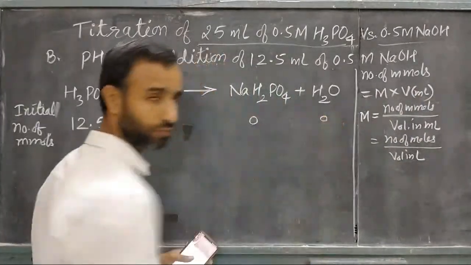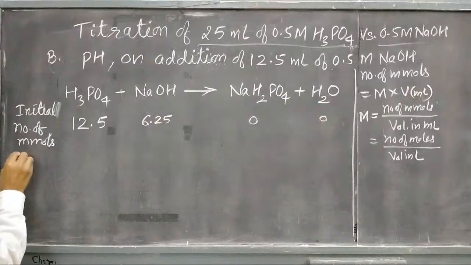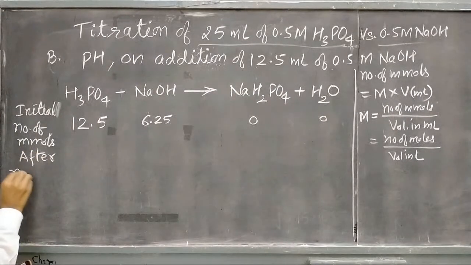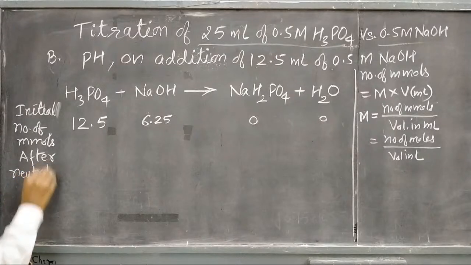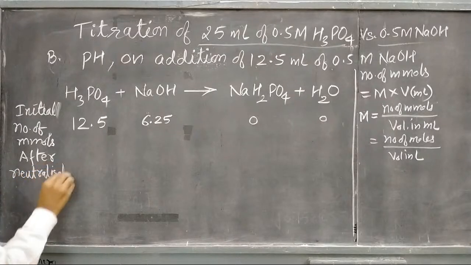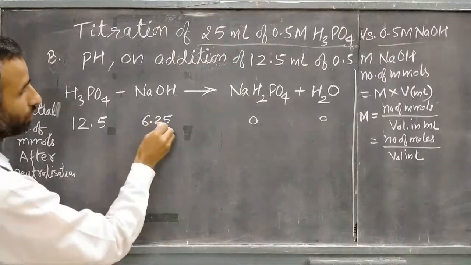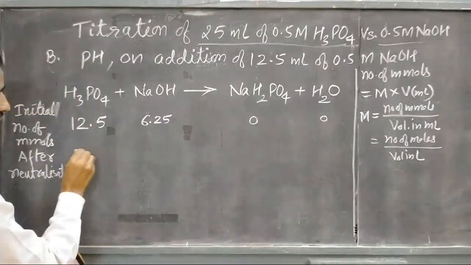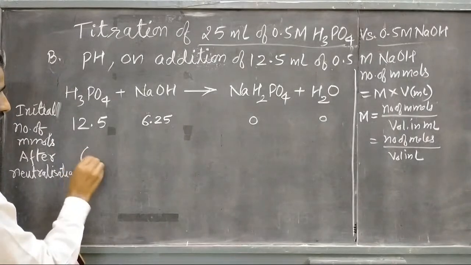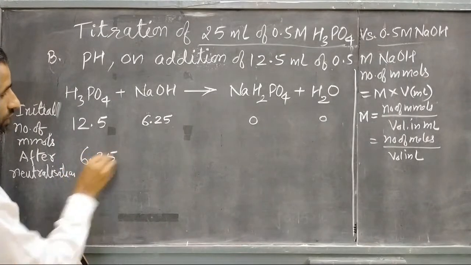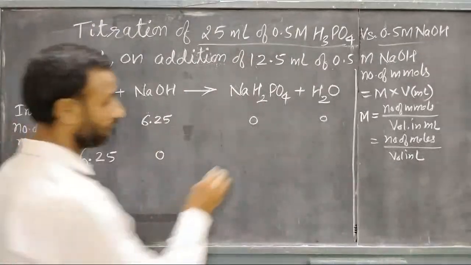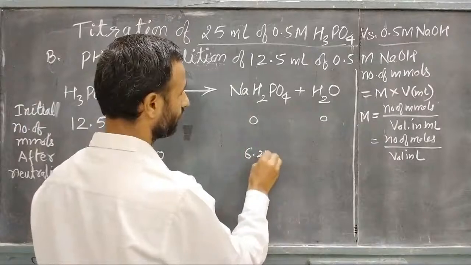Initially they are 0. Now after reaction or after neutralization we can write: the limiting reagent is sodium hydroxide. So how much phosphoric acid is left? 6.25. It becomes 0 and it is also 6.25.